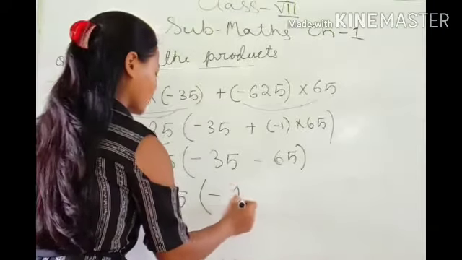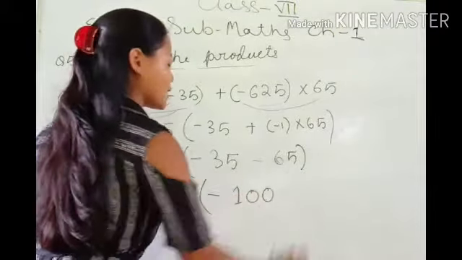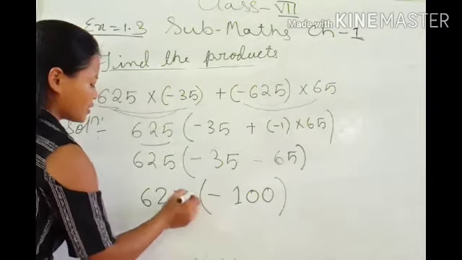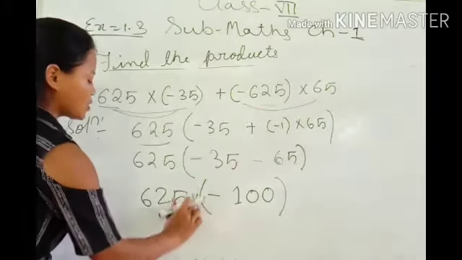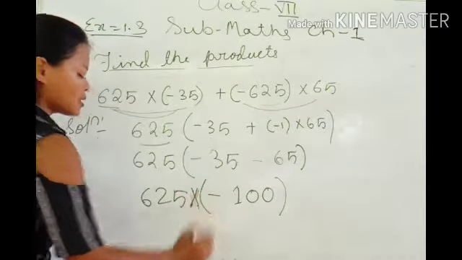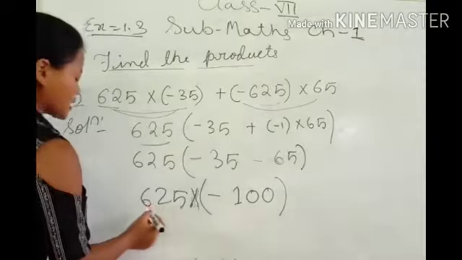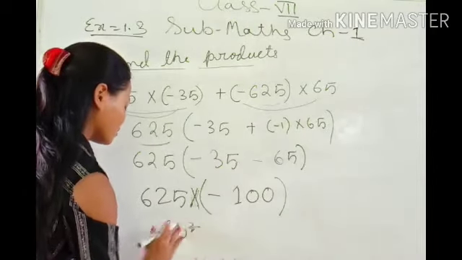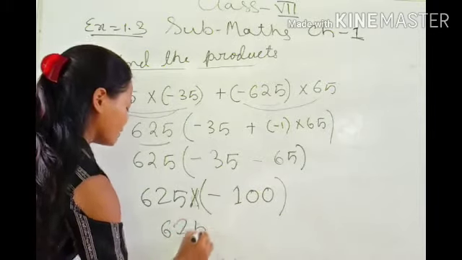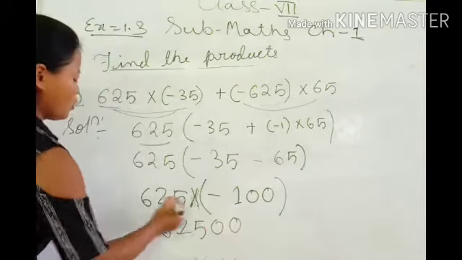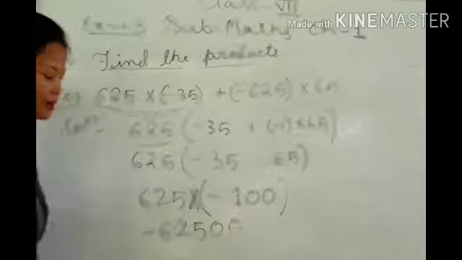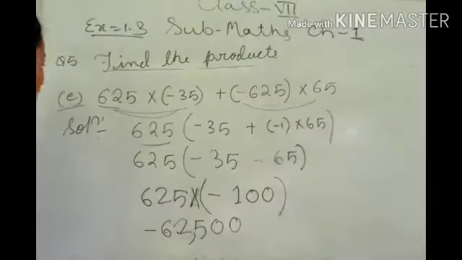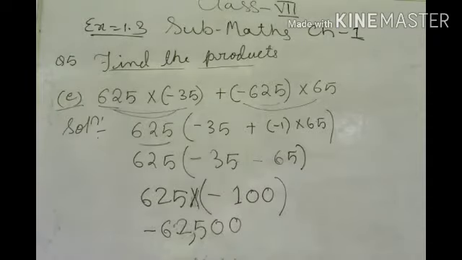So you get 35 plus 65, which is 100. If there is no sign between these, you have to know it is multiplication. Now 625 into 100. Sorry, 625 and 20. Now plus and minus is minus, so the answer will be negative: 62,500. Now the next question is F.